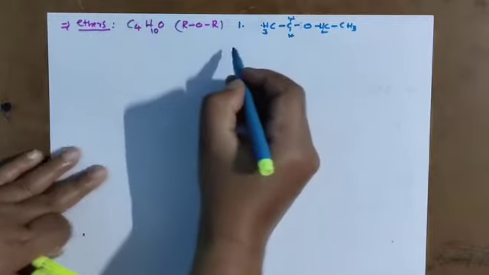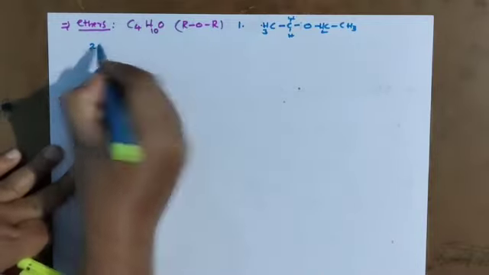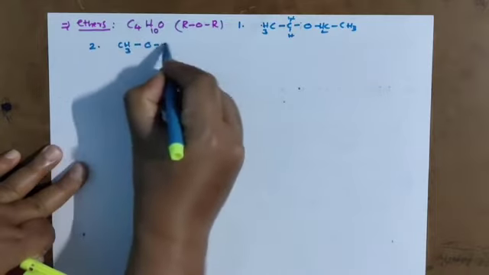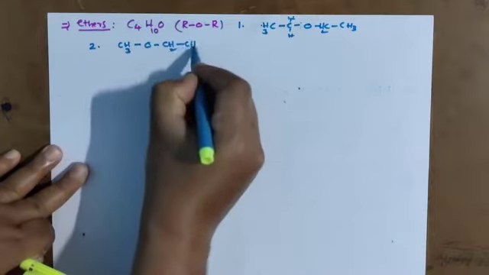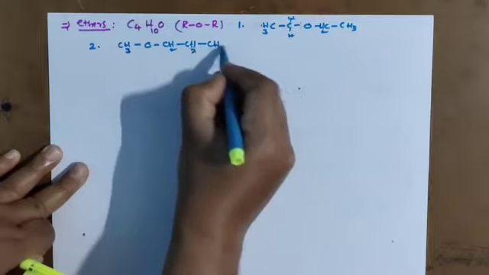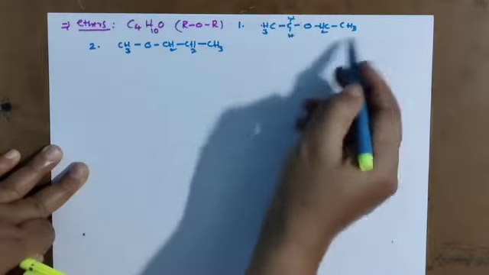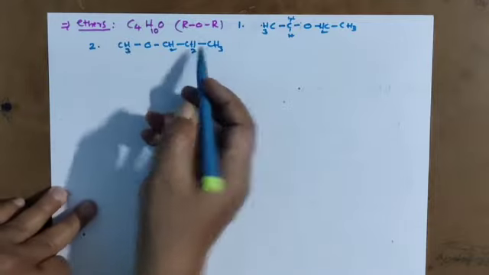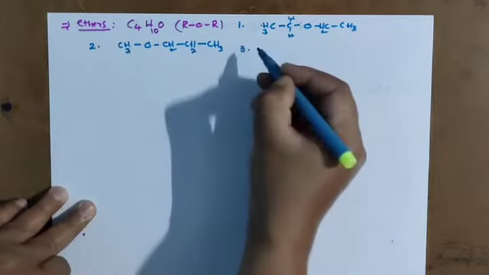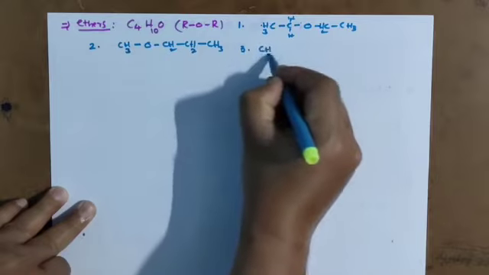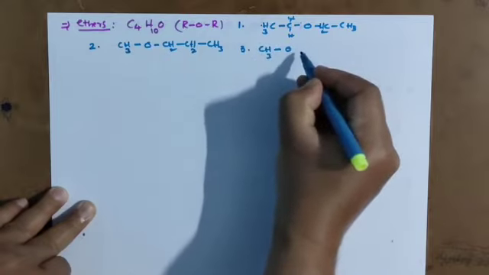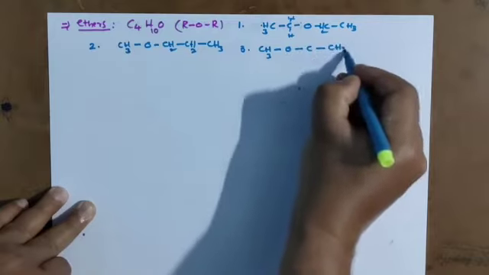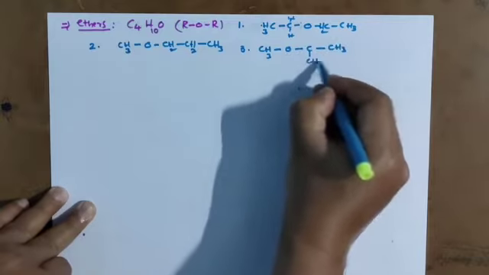This we got, and we have a chance to draw another: CH3 bond O, CH2, CH2, CH3. Here 2 carbons, here 2 carbons. Now on this side, here 1 carbon, here 3 carbons. And another chance we have: CH3 bond O, bond C, CH3, where I am taking one substituent.